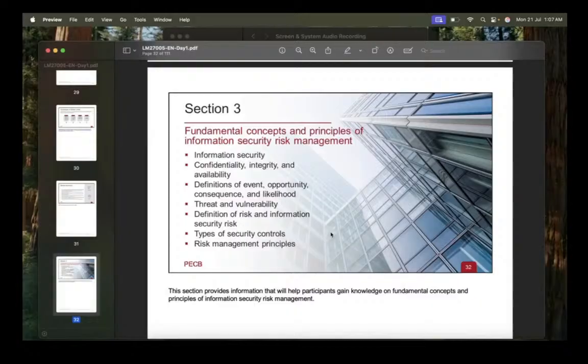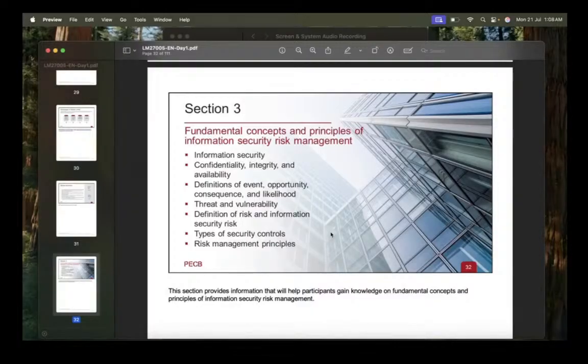Okay, great. So we are moving on to the next section, section three. What we are going to discuss in section three is the fundamental concepts and principles of information security risk management.